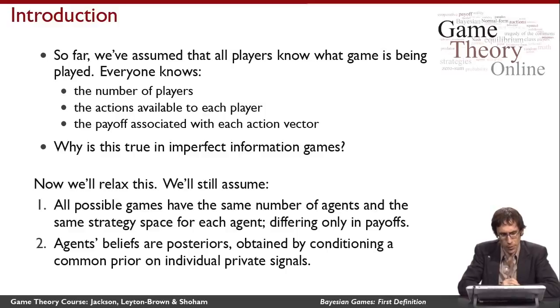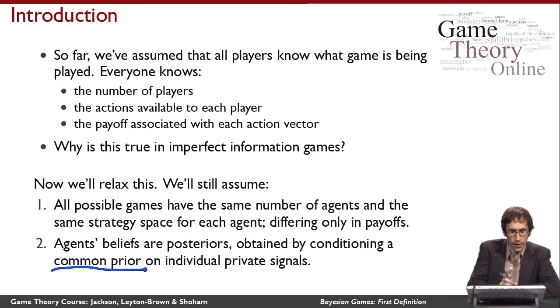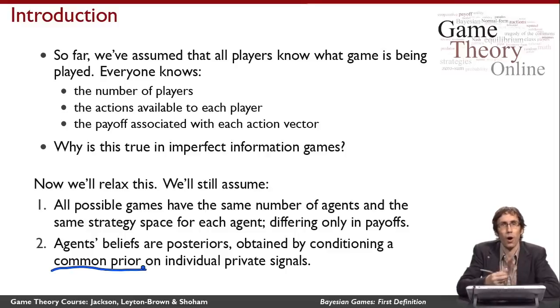The second assumption that we're going to make has to do with the beliefs that agents have about these different possible games. So in order for this to work, it has to be the case that agents still have well-defined beliefs about what is possible in the world. And we're going to say that the agents start out with a common prior. That is, everyone has the same beliefs about what it is that's possible in the world, what games are possible.